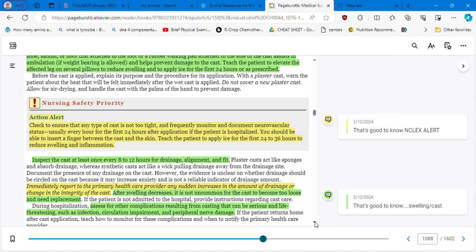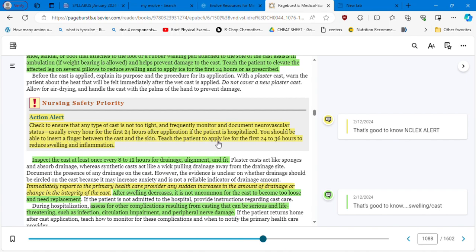That's good to know. NCLEX alert. Check to ensure that any type of cast is not too tight, and frequently monitor and document, again, neurovascular status, usually every hour for the first 24 hours, which is another protocol that is repeated in many of these procedures.